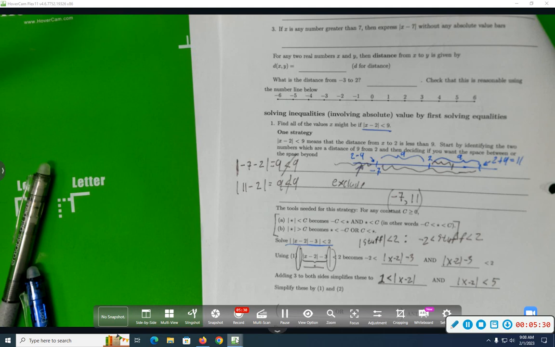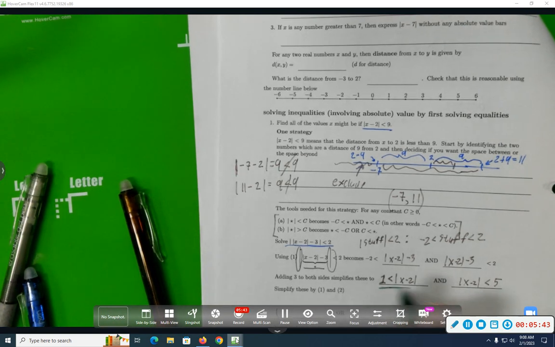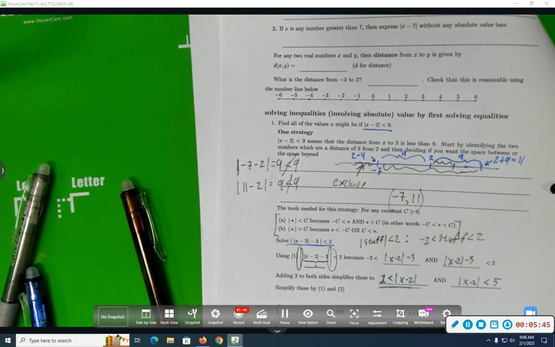Oh, neat. Are those both inequalities that we can use this rule to say something about? Yeah, let's use that. This one first: 1 is less than absolute value of x minus 2. What does that become?